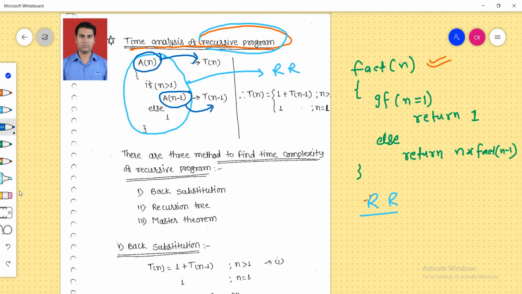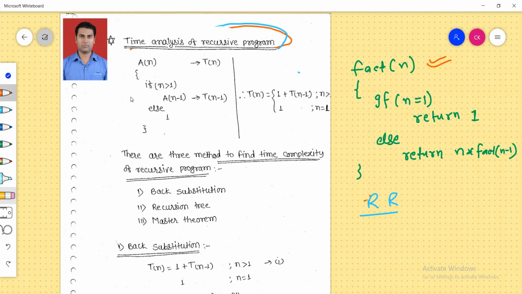So the recurrence relation for this recursive program is: T(n) is equal to T(n minus 1) plus some constant 1, for the comparison and all this.